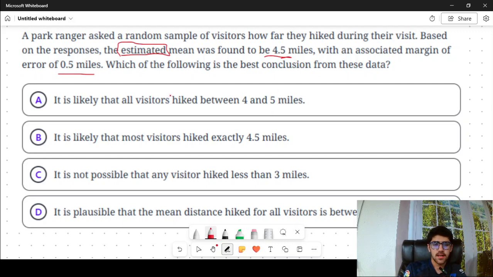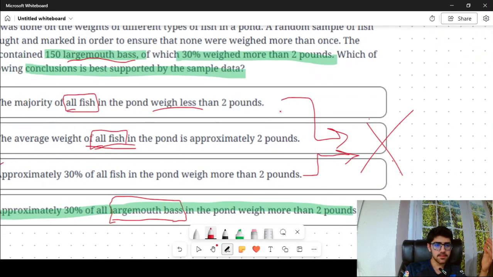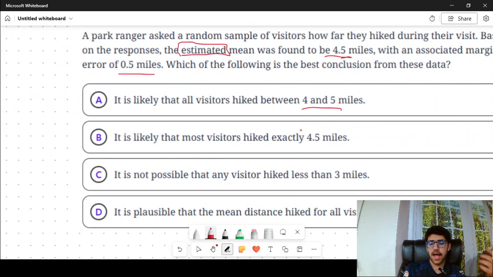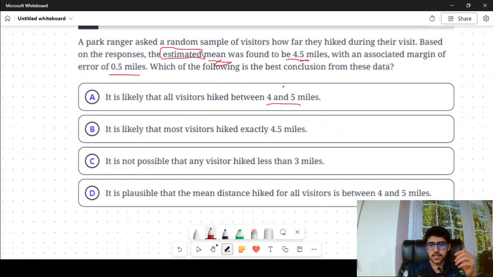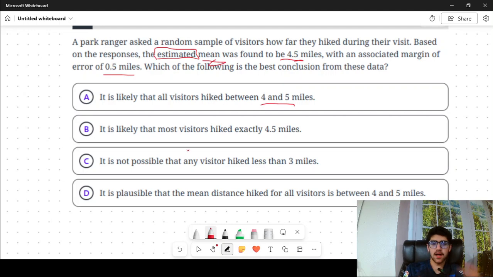makes the most sense. So this one says that it is likely that all visitors hike between 4 and 5 miles. That one is the same as option B. If you know how averages and means work, just because the mean is 4.5, that does not mean that most visitors hiked around 4.5 miles.